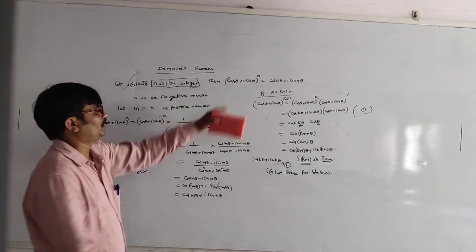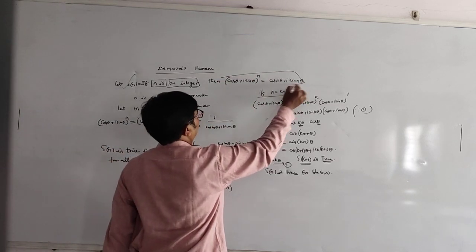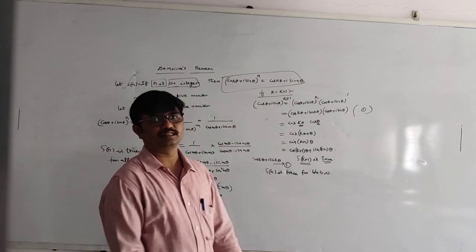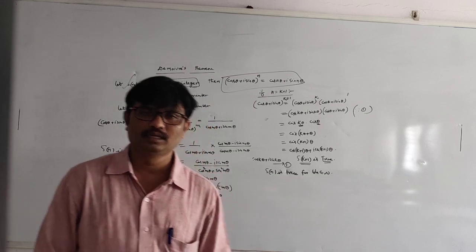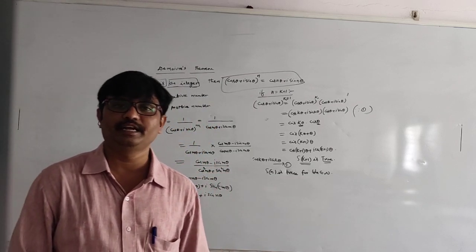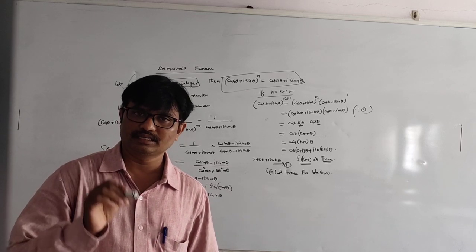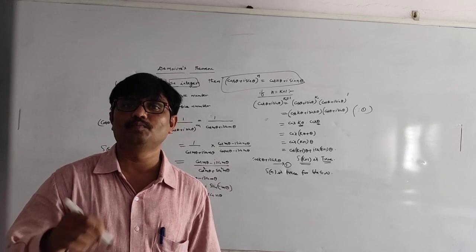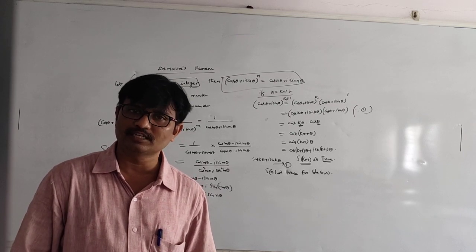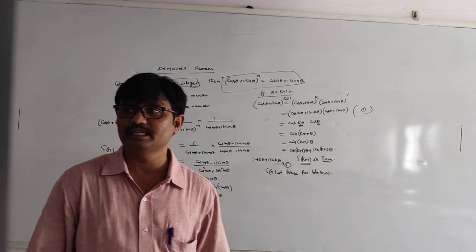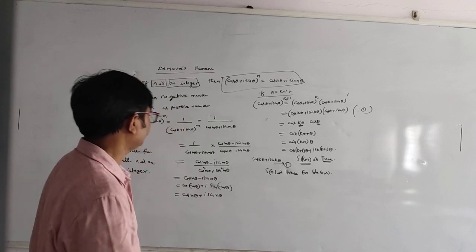This is nothing but De Moivre's theorem: cos theta plus i sin theta whole power n equal to cos of n theta plus i sin n theta. Okay.